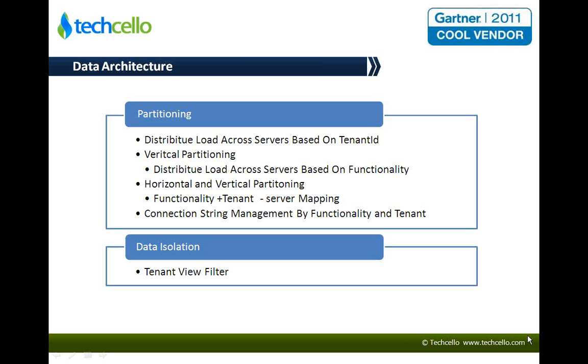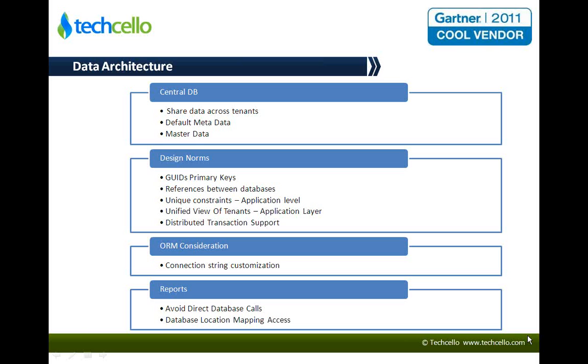So you need to support partitioning. You need to bring in the data isolation support at your framework itself. In a partition scenario, you will also end up having a central DB. So if you have 50 tenants' data in one server and 50 in another server, if there is going to be shared data across these tenants, you will end up having a central DB.